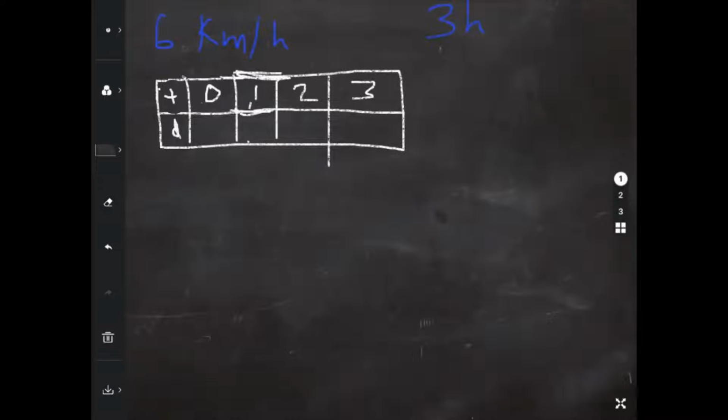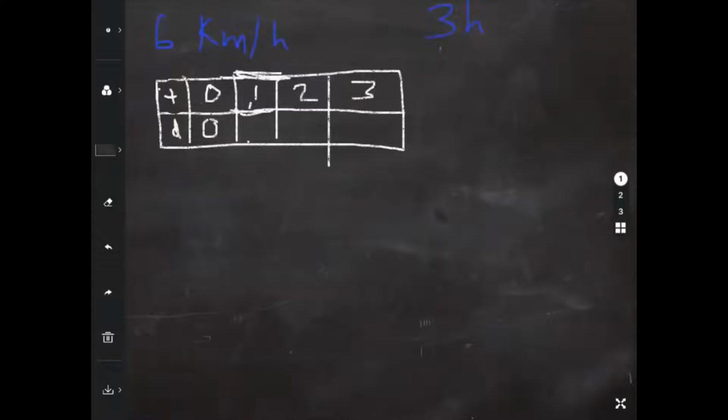So we need to find at 0 hours, how far have we traveled from our original point? We haven't traveled anywhere because it hasn't had any time to move. So that's still going to be 0. We're traveling 6 kilometers per hour. Sorry, after 1 hour, how far have we traveled? I kind of gave you a hint there.